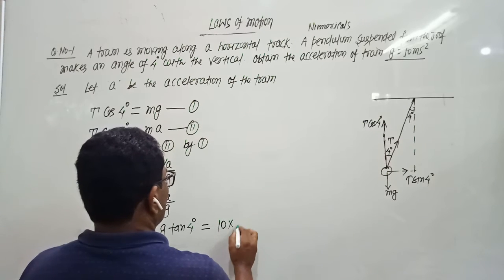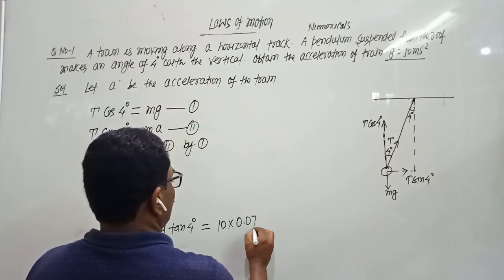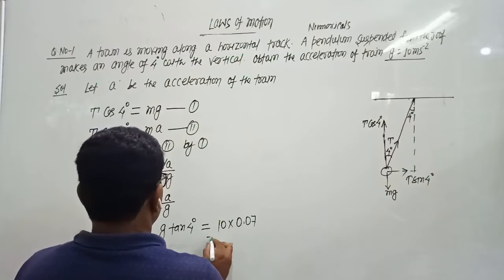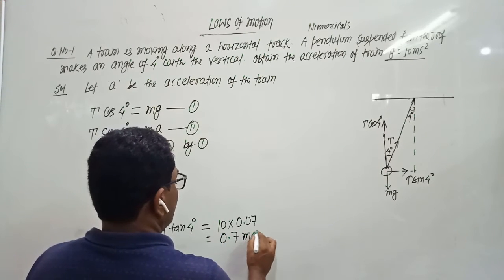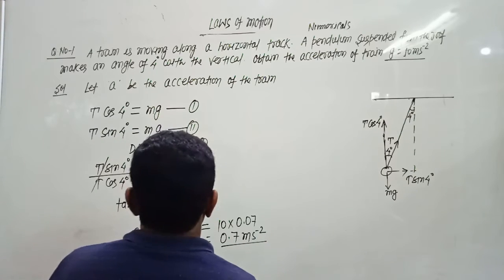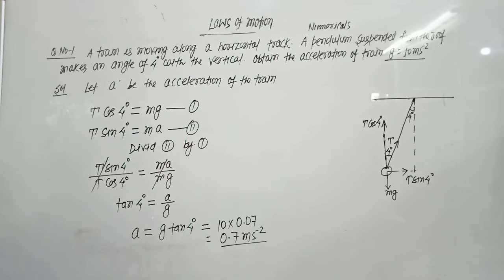So 10 into 0.07 equals 0.7 meters per second squared. So this is the acceleration of the train, 0.7 meters per second squared.